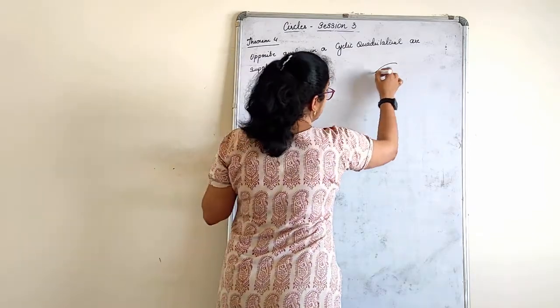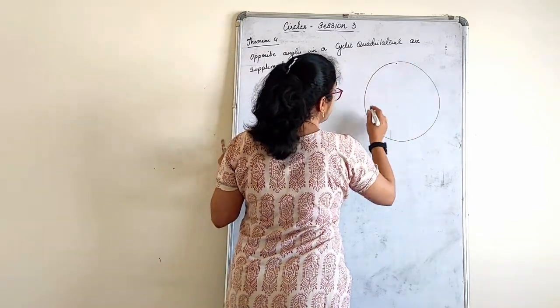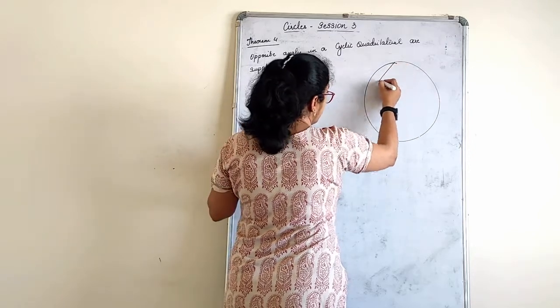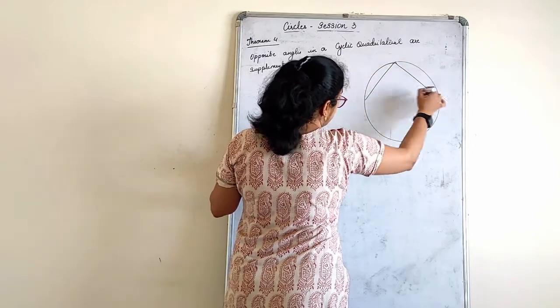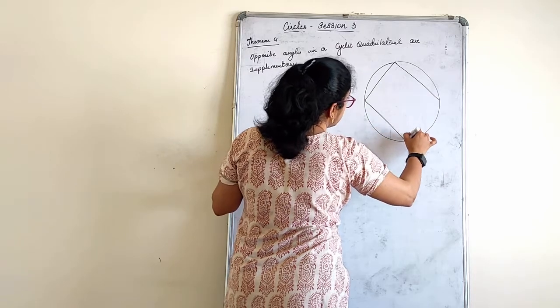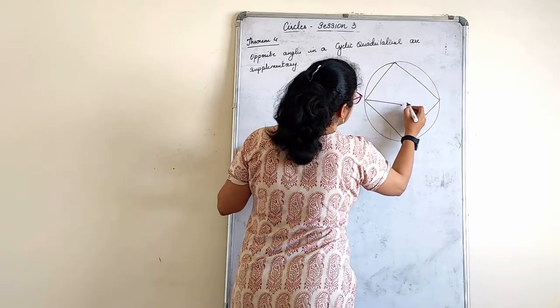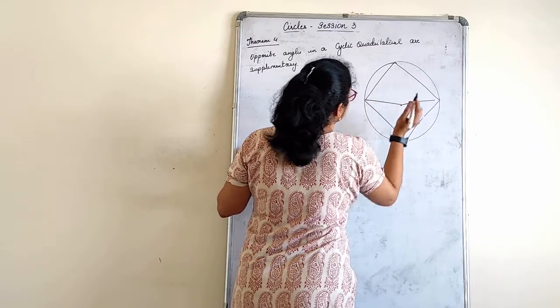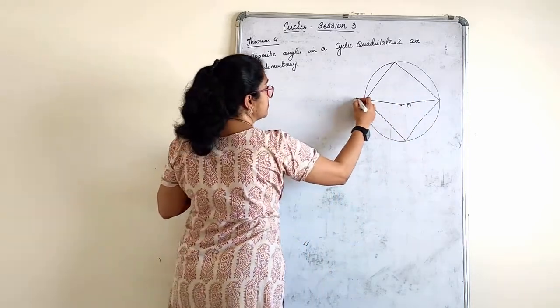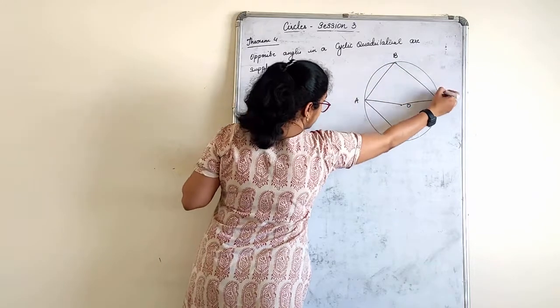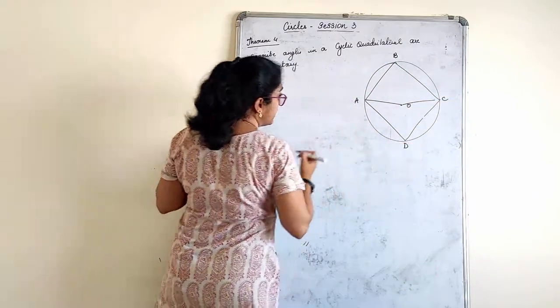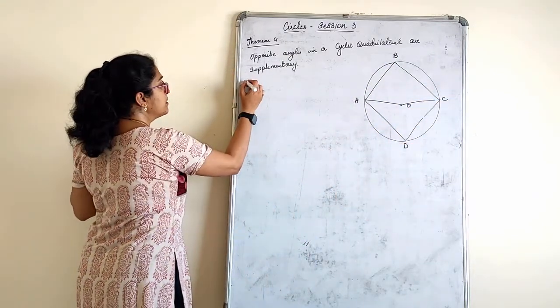Okay, so let's have a circle again. We will consider O is the center of the circle, where ABCD is a cyclic quadrilateral.